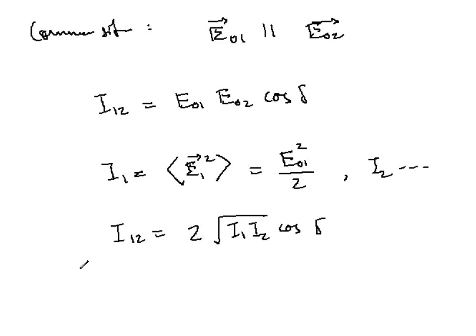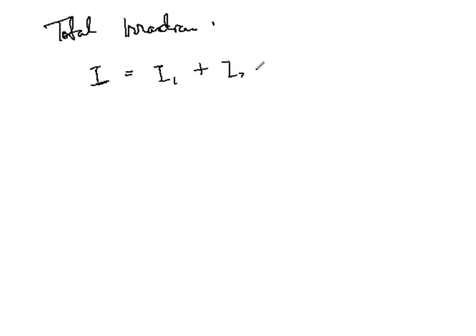Okay, so as a result my total irradiance I can write as I is equal to I1 plus I2 plus twice of square root of I1 into I2 into cos of delta. Right, now as you can see, the maximum irradiance, when will it happen?